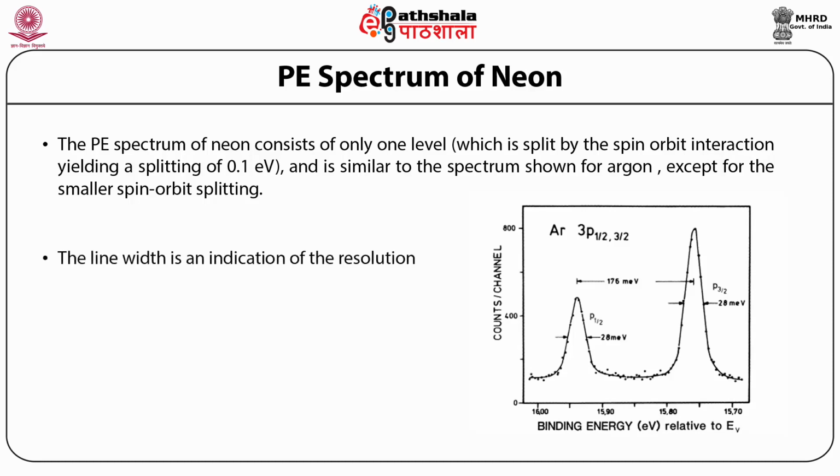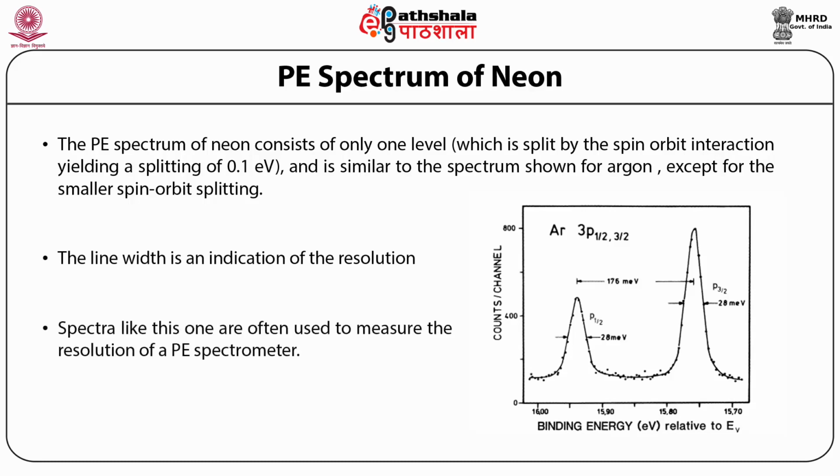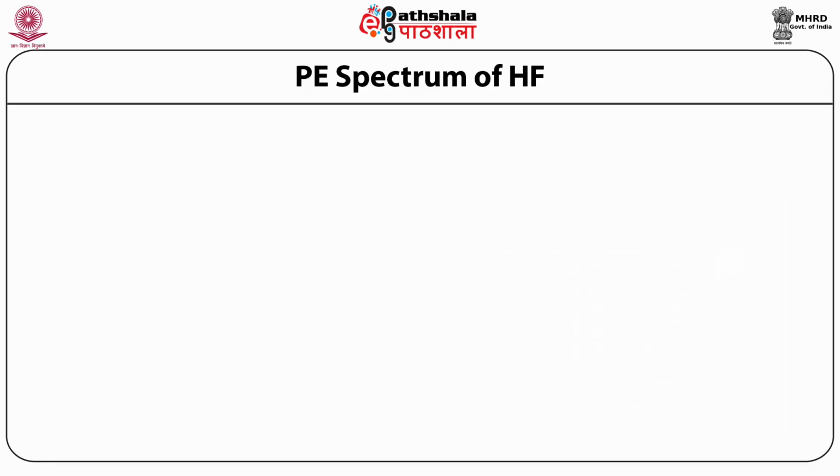The line width is an indication of the resolution. Spectra like this one are often used to measure the resolution of a photoelectron spectrometer. The photoelectron spectrum of hydrogen fluoride.